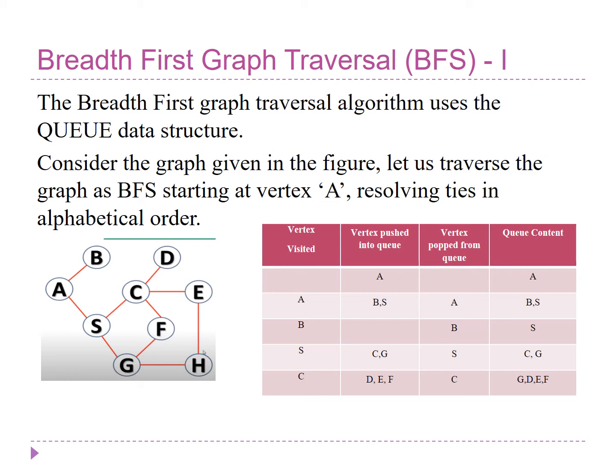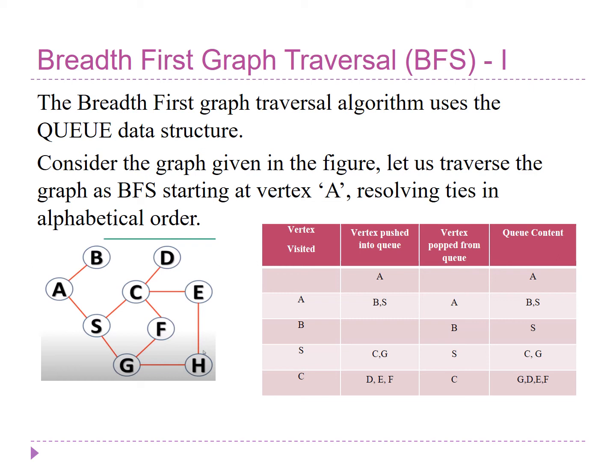To S, C and G are connected, and these are unvisited vertices. So, when we pop S from the queue, we mark S as the visited vertex and we push the unvisited connected vertices C and G into the queue.